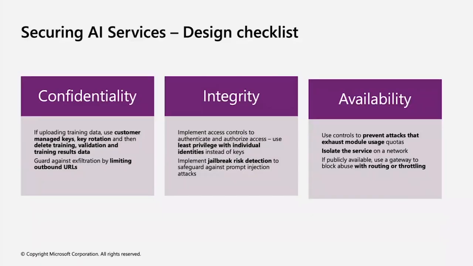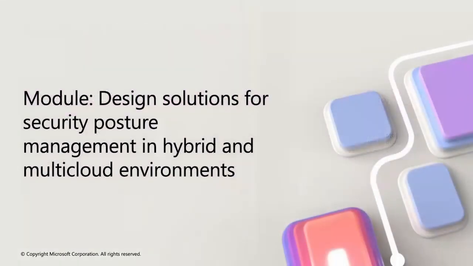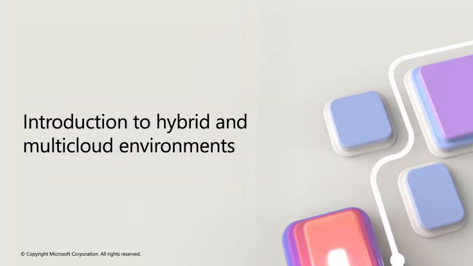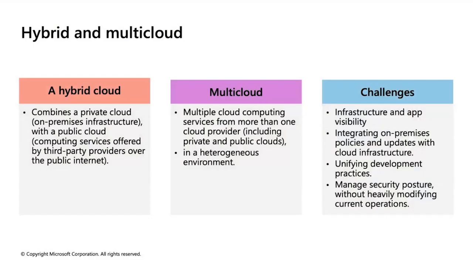Now, what next do we have in this? Now we have the next main topic, design solutions for security posture management in hybrid and multi-cloud environments. The first topic is an introduction to hybrid and multi-cloud environments. We all know what comes in hybrid cloud and multi-cloud.